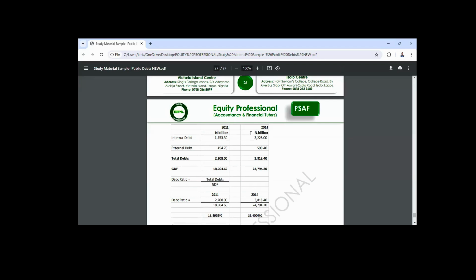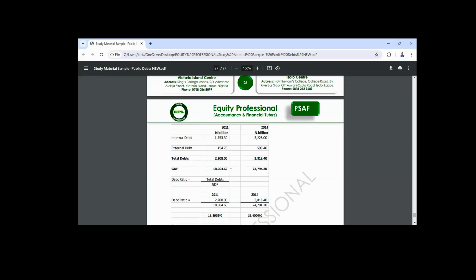By that, you are going to get a total debt of 2208. 2208 will be your total debt for 2011. For 2014, your internal debt is 3228 and your external debt is 590.40.